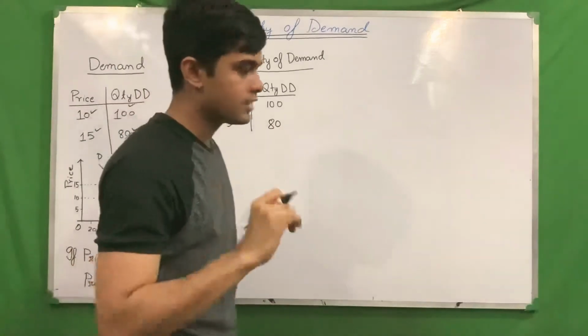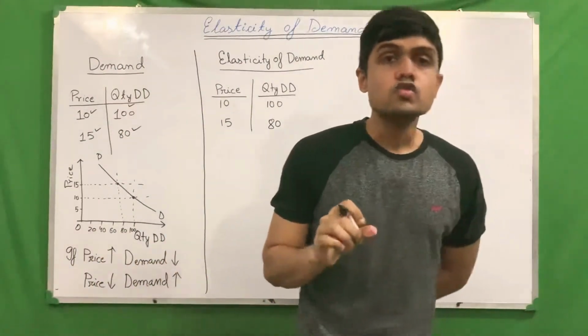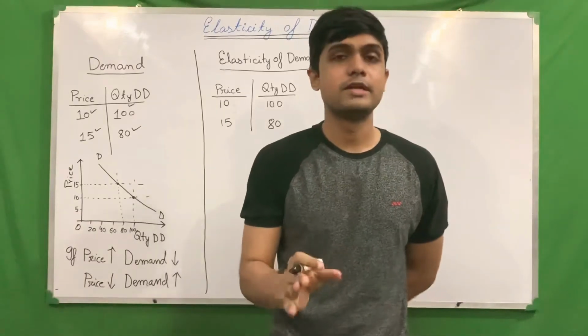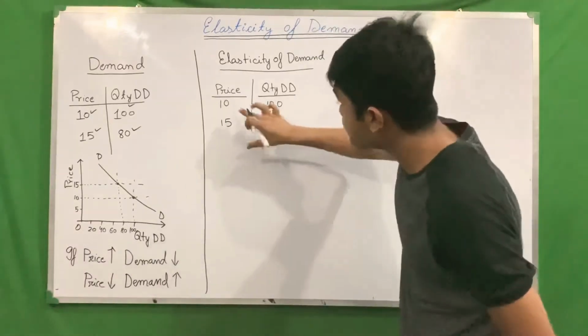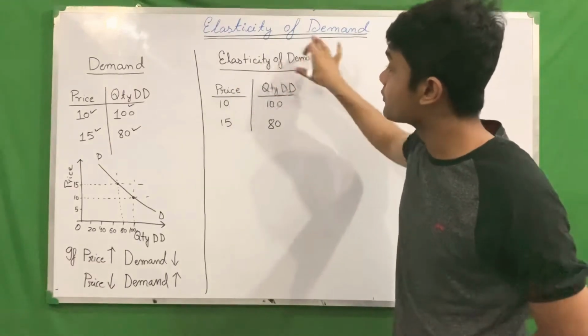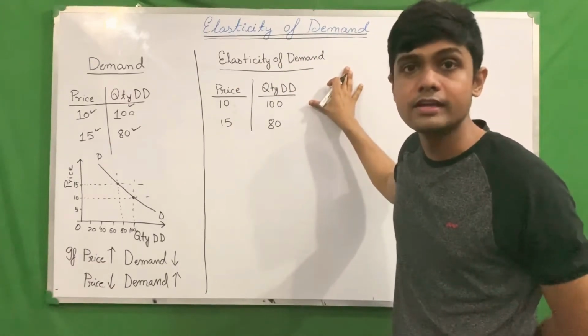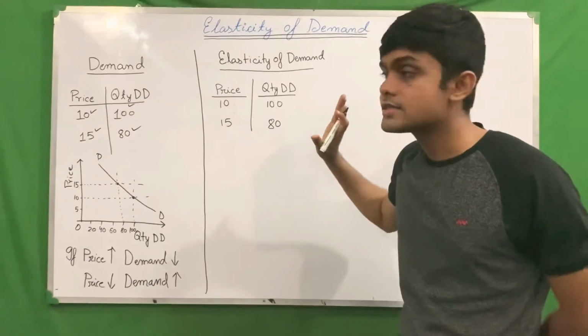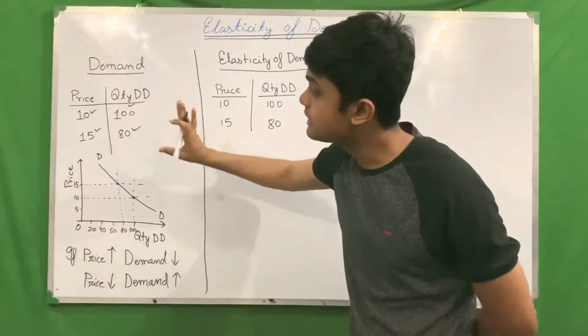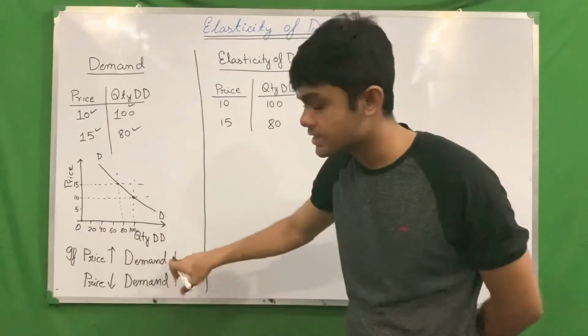Okay, this demand chapter we have seen. So elasticity, very important, listen to me. Elasticity of demand chapter tells you, if price rises by some percentage, what will be the fall in demand? Means actually in demand chapter what we got is the direction. If price rises, demand falls.